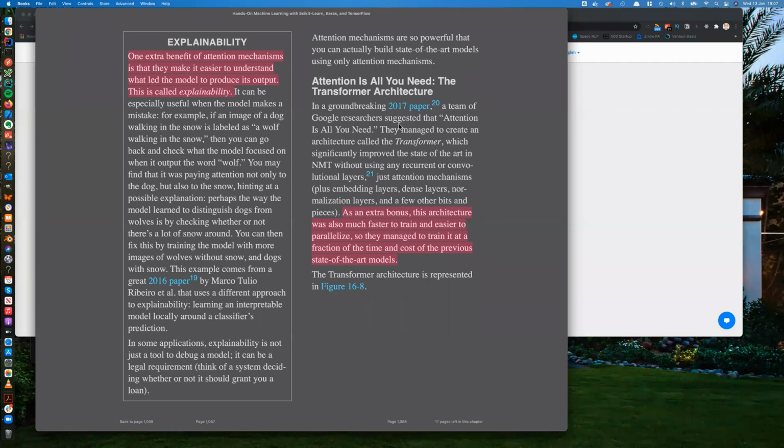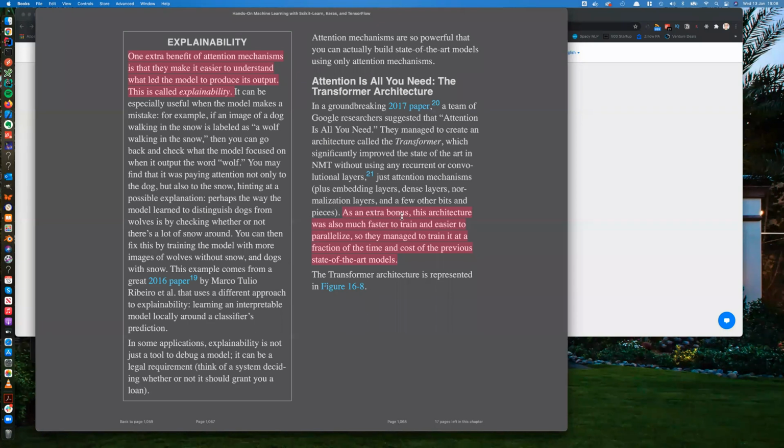Okay, so now we come to this important area called attention is all you need. This was the famous paper by some Google researchers, who created this architecture called the transformer, which improved everything hugely. One of the nice things about this model is that because it doesn't use recurrent units, all it uses is normal matrix operations, so it's much faster to train because everything can be parallelized and batched.